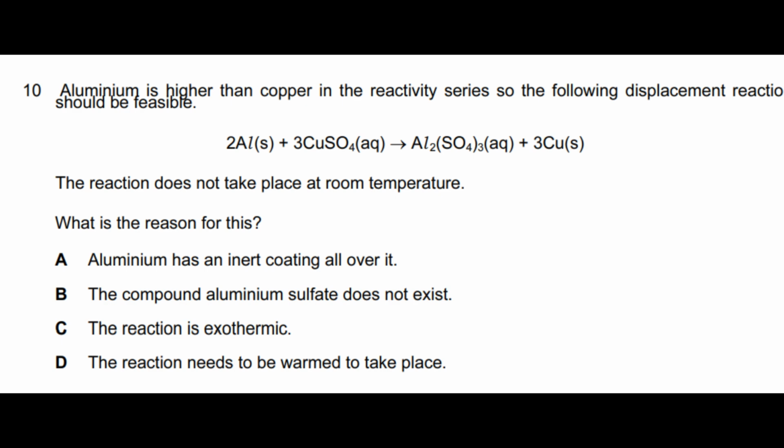So Delta, which says that the reaction needs to be warm to take place, because in the statement they are saying why it does not take place at room temperature. Right? Room temperature means the particles don't have enough energy. They're giving you a clue with the word temperature. So always underline the important words in the question. So we have to look for the option which is talking about the energy of the particles, or maybe the heat or the temperature. So Delta is the correct answer for this question.